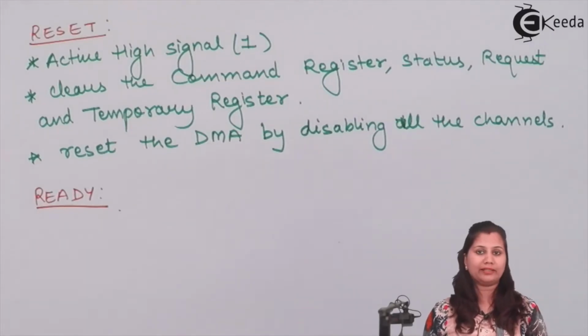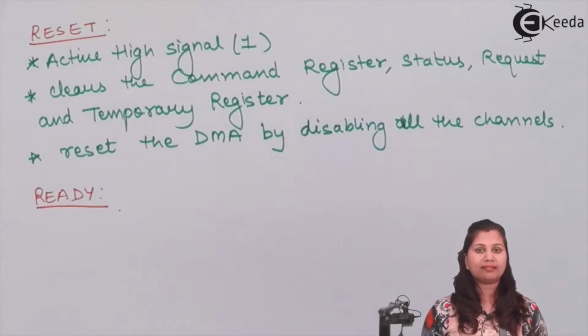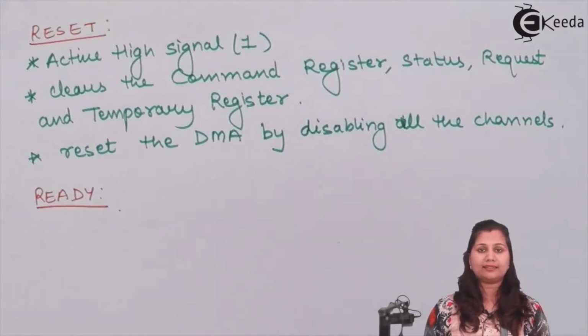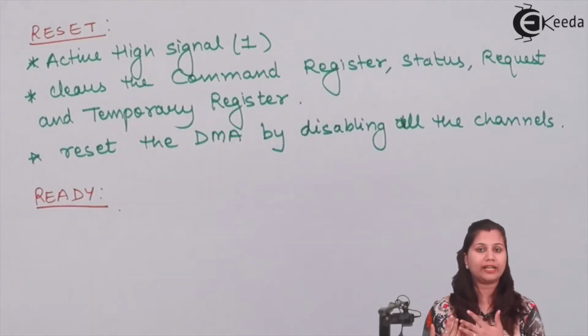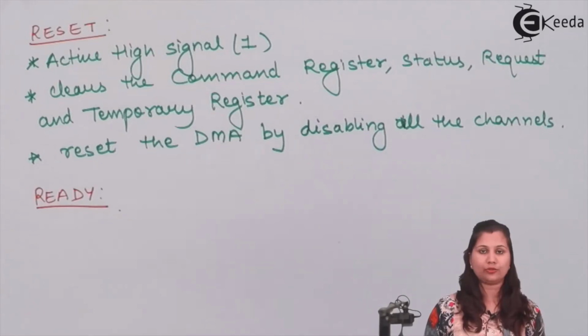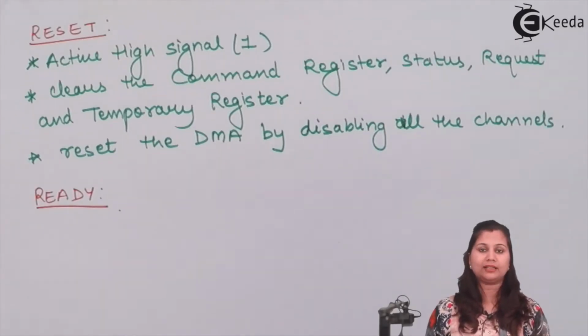And when the peripheral device is ready for the communication, it gives out the ready signal. So this signal indicates to the microprocessor that the peripheral device is ready for communication, ready for the transfer of data. So the ready signal is basically a signal indicating that the peripheral device is ready for the communication.